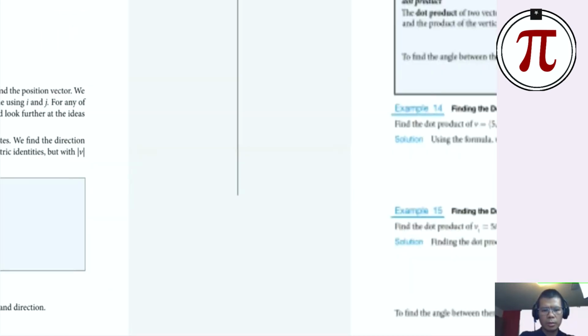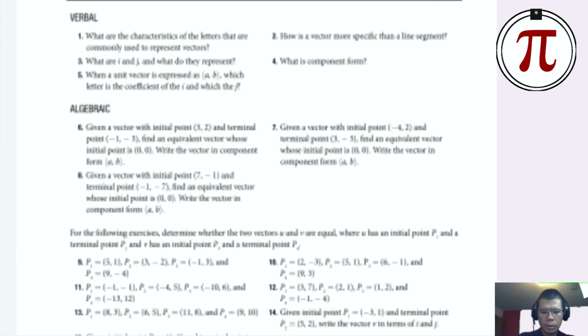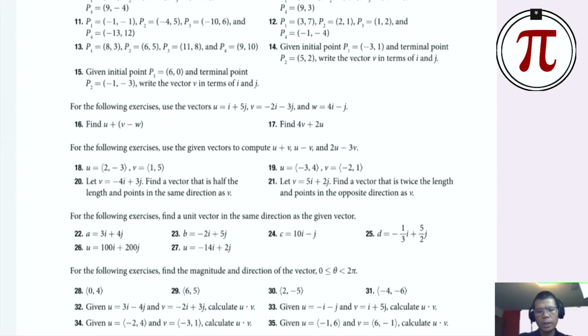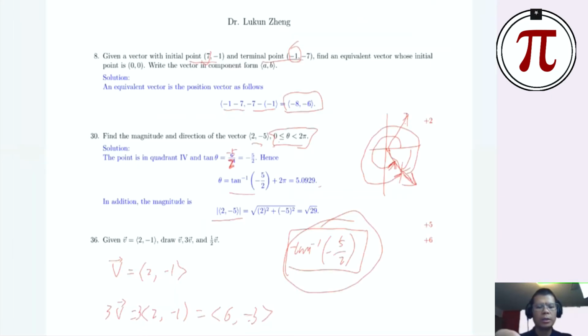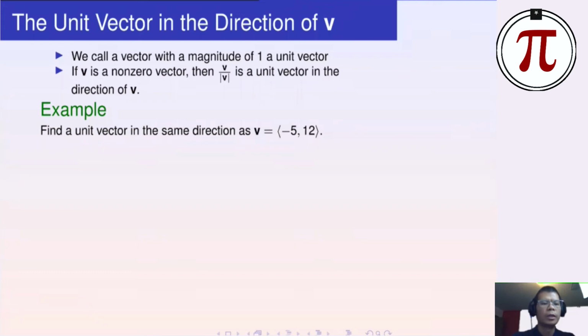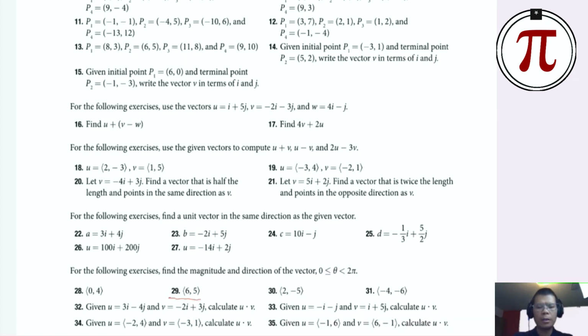This one, right? I believe this one is similar to the quiz question we did. It's finding the magnitude and direction of this vector. So for this one, we can solve it similarly.